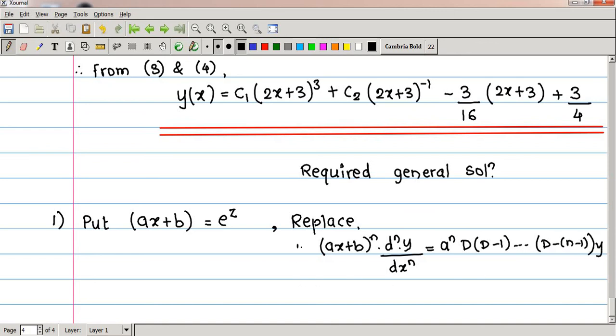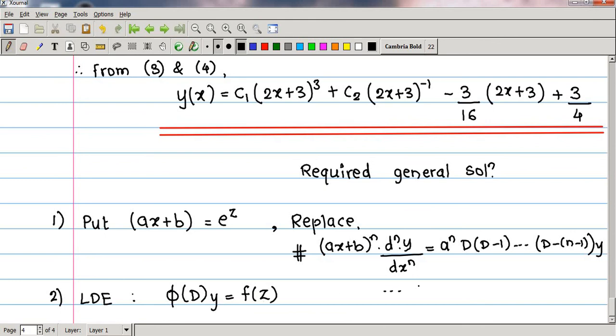By using this replacement formula, convert the given differential equation into a linear differential equation with constant coefficients. Then that linear differential equation will be converted into the form phi of D into y is equal to f of z, where D is the derivative with respect to z.